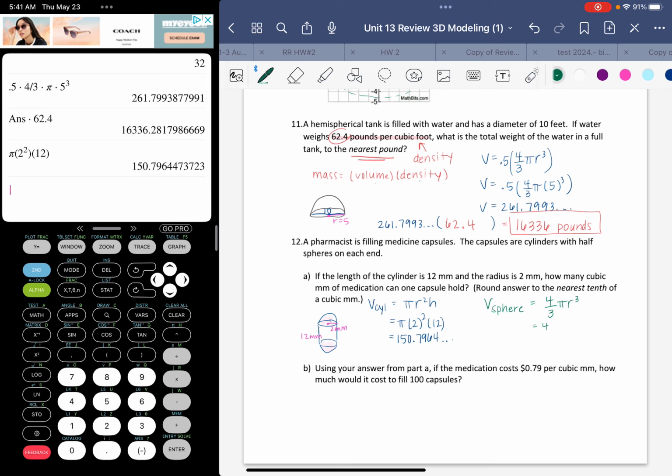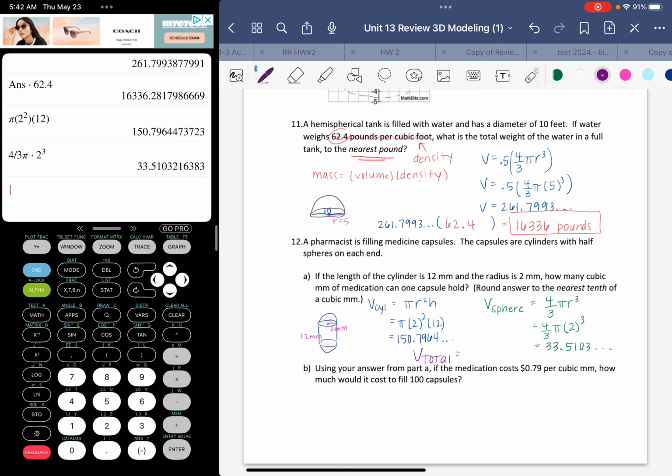For the sphere, 4/3 pi times 2 cubed. And that gives us 33.5103. And then for our total, we're going to add those together.